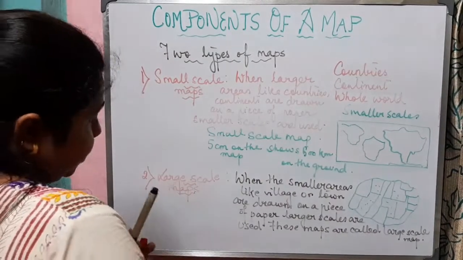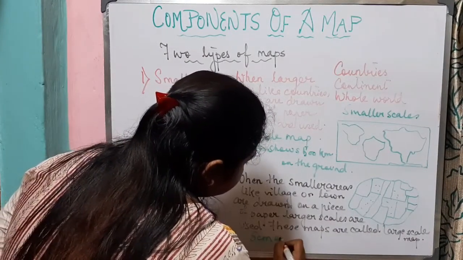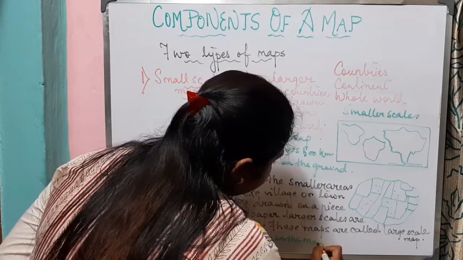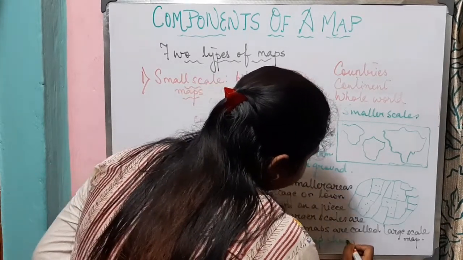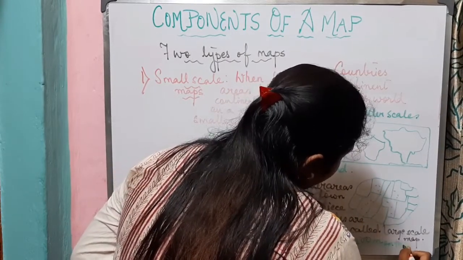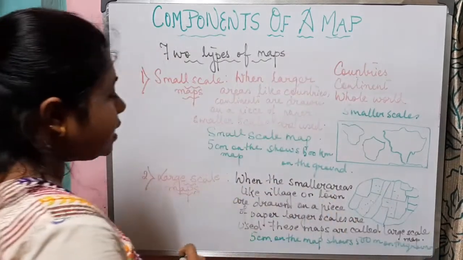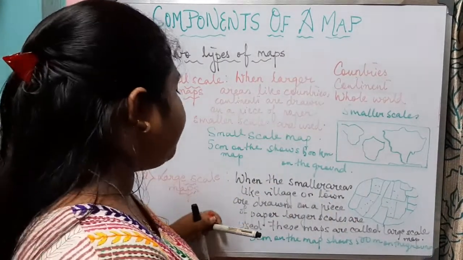For example, 5 centimeter on the map shows 500 meters on the ground. This is referred to as a large scale map.